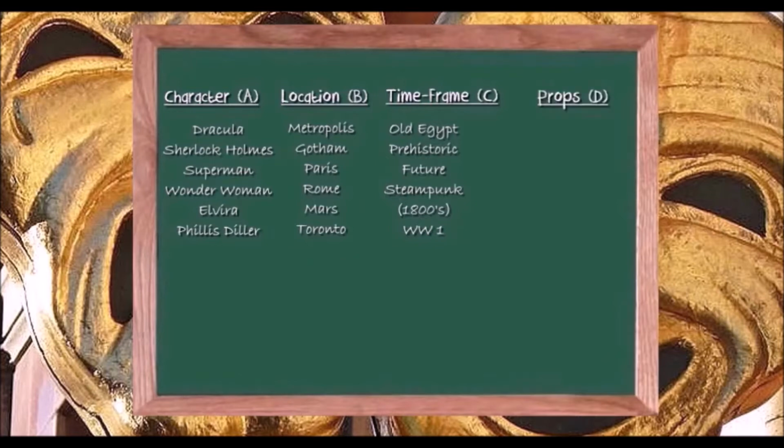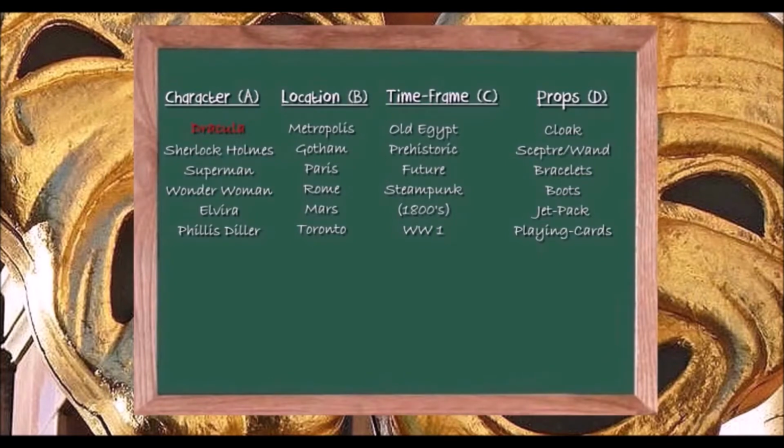Column D, which is a list of props. They could be magic wands, they can be cloaks, they can be suitcases, they can be anything you want. So now you'll pick something from column A, for example, Dracula. Then you'll pick something from column B, not in the same order or correlation. Let's say it's Metropolis.